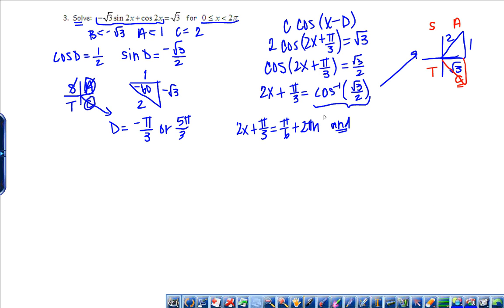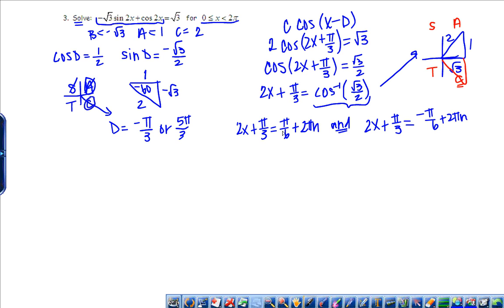Okay, so since pi over 6 was here, you may do the positive angle all the way around, or I think it's just as easy to go negative here. So I'm going to do the negative angle, so 2x plus pi over 3, and I'm going to say negative pi over 6 plus 2 pi n. Okay, so I've got both my equations in order to solve now.